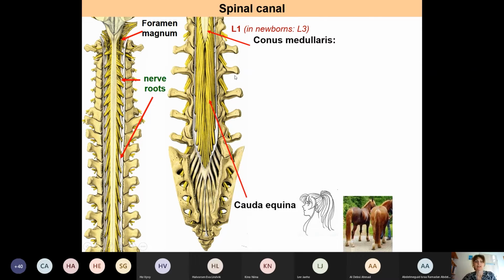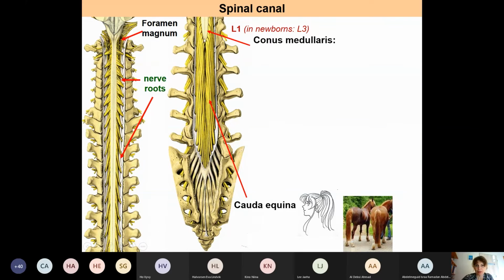And in the lower part of the spinal canal, we only have a bundle of these nerve roots, and it is called the cauda equina, so horse's tail, if we translate it into English.